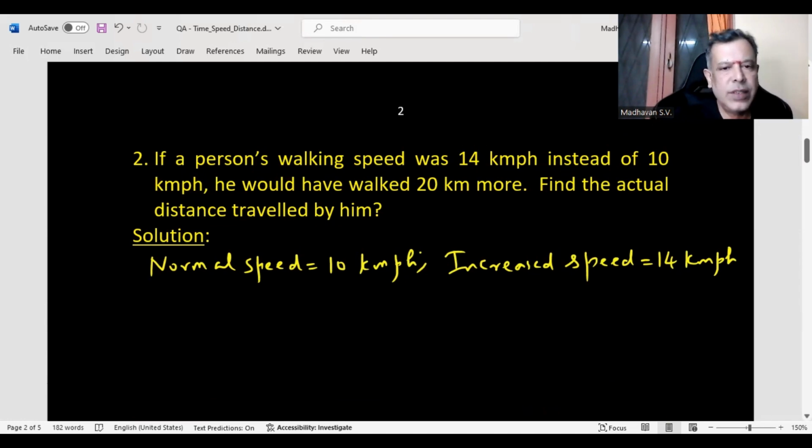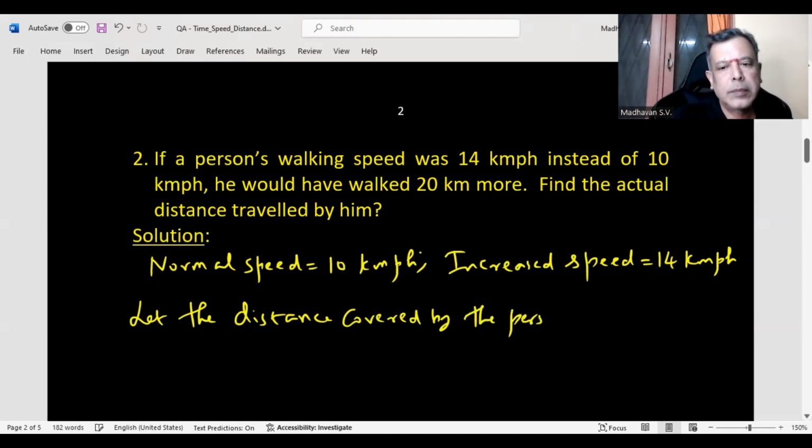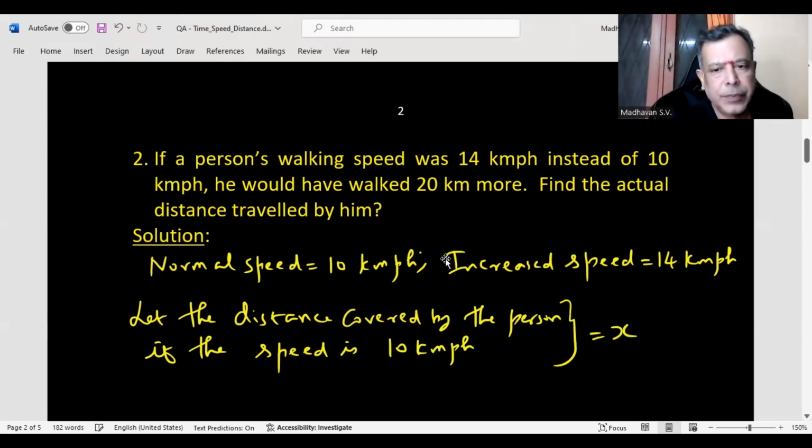Find the actual distance traveled by him. So let us say, let the distance covered by the person, if the speed is 10 kilometer per hour, we are going to assume that as X.